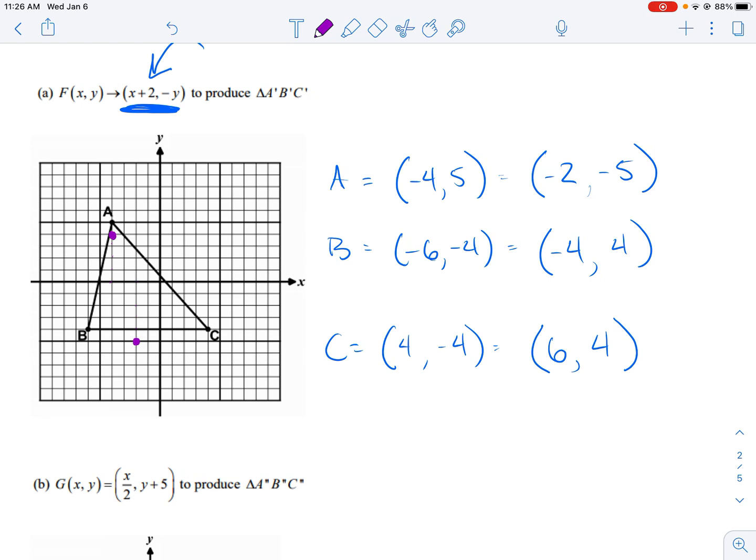So this is A prime down here. This is B prime. And then C prime is going to be (6, 4), counting 1, 2, 3, and 4. So there's C prime. And so let's connect those.